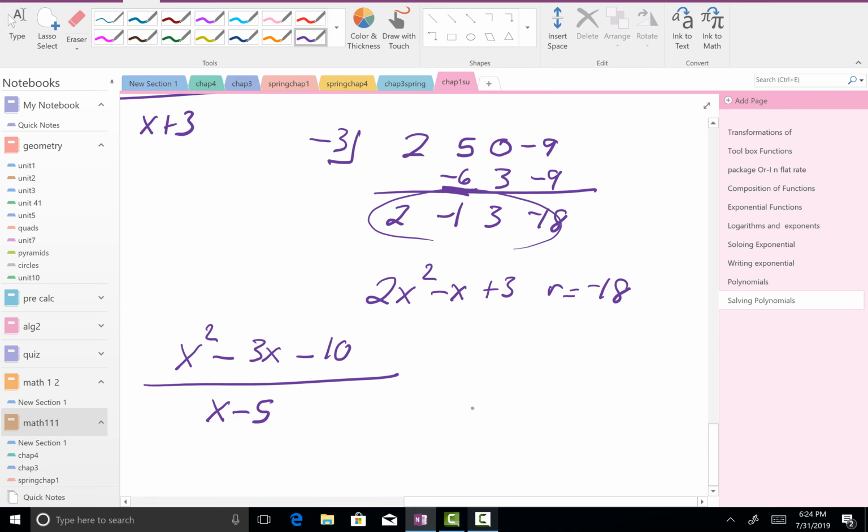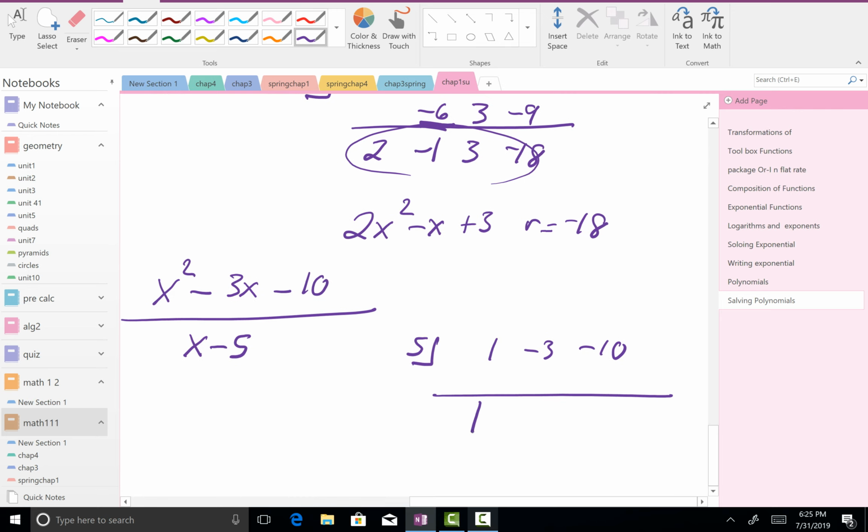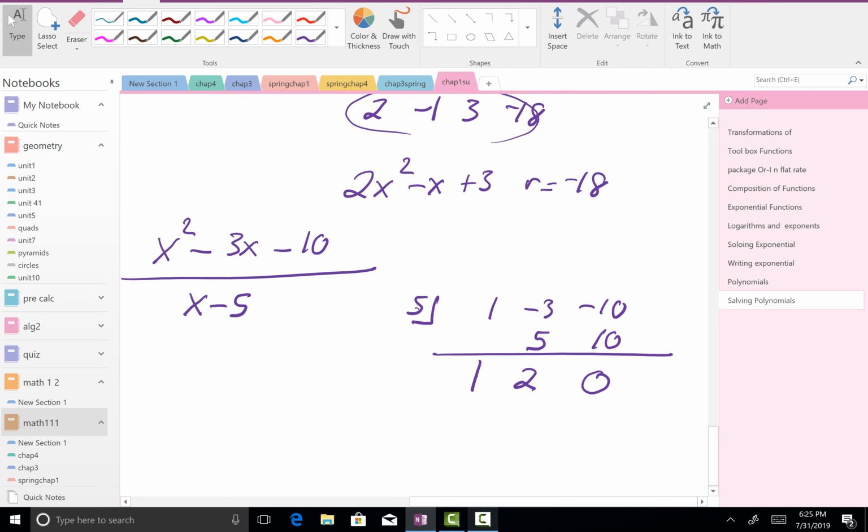Okay, so what are my numbers going across the top here? 1, -3, -10, and we're dividing by 5. Okay, 1, 5, 2, 10, 0. It's okay to have a remainder of 0. All right, that can happen.